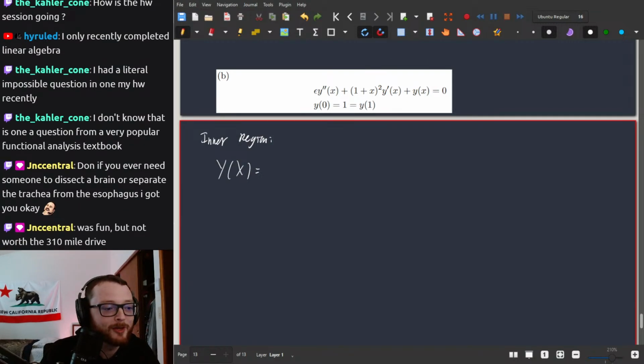But not worth a 310-mile drive. Fair enough. Wait, when you drive a long distance, is it common for you to measure it in miles? That seems weird.